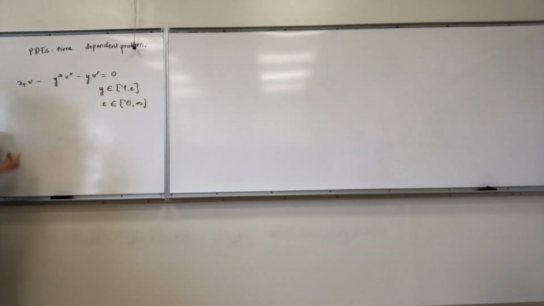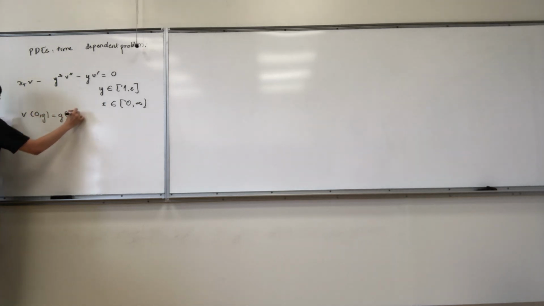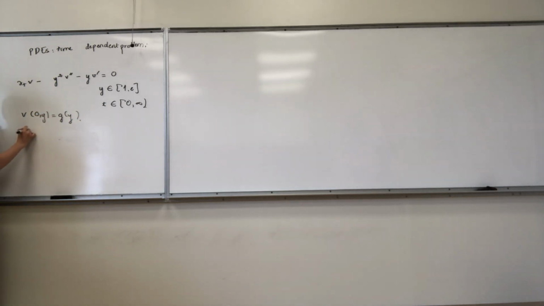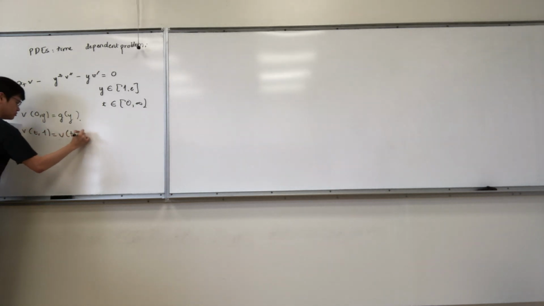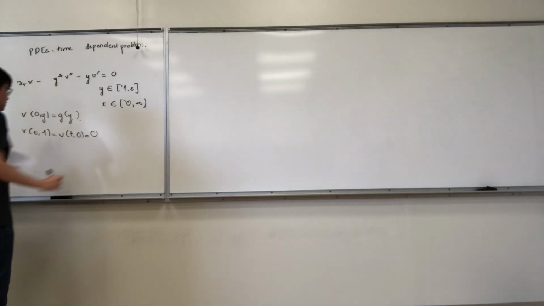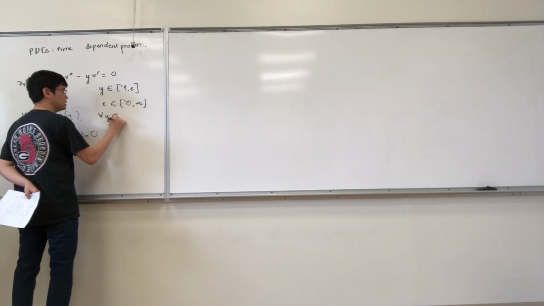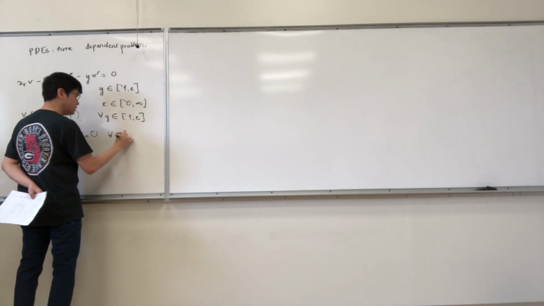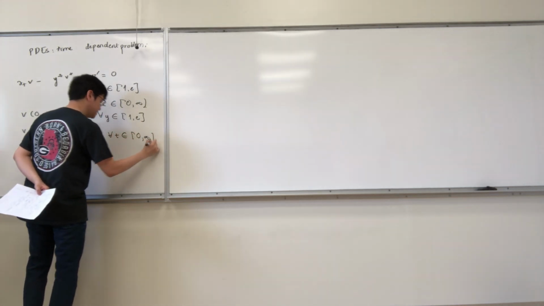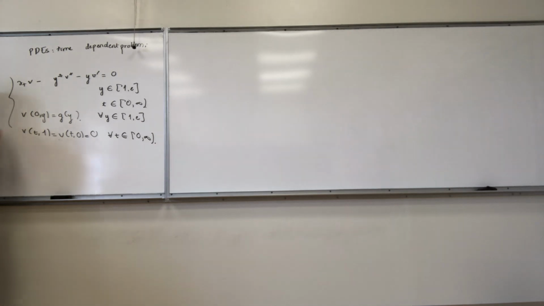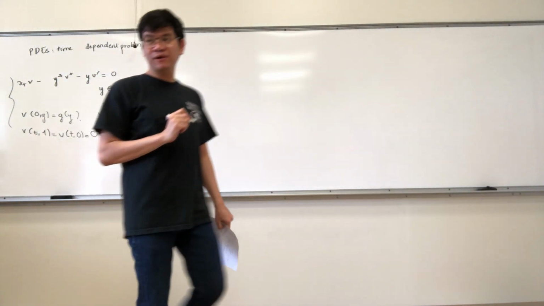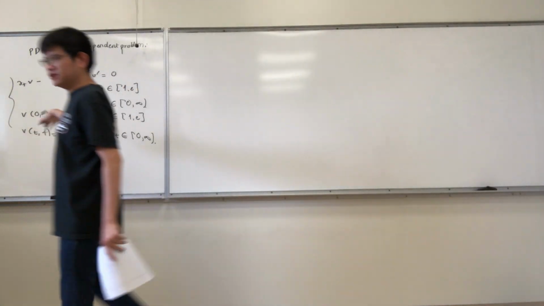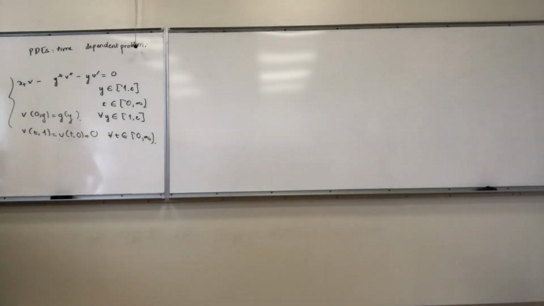At 0, you have g of y, and v at t of 1 and v of t at 0 will be 0. This is for y in 1 to e, and this is for t from 0 to infinity. So this is the problem that we have in the exam. The function g will be discussed later.